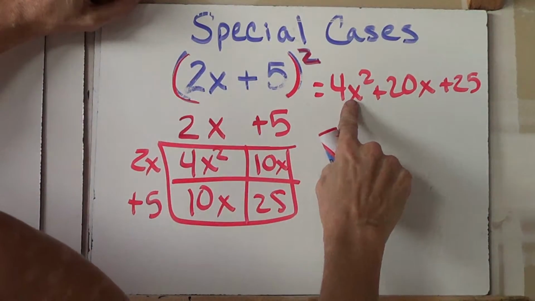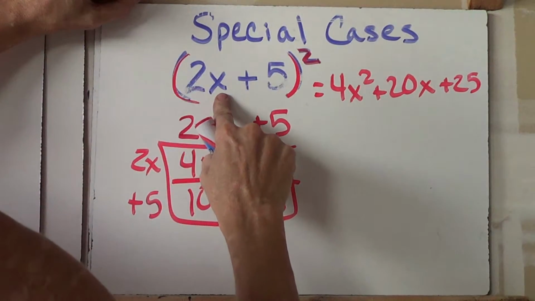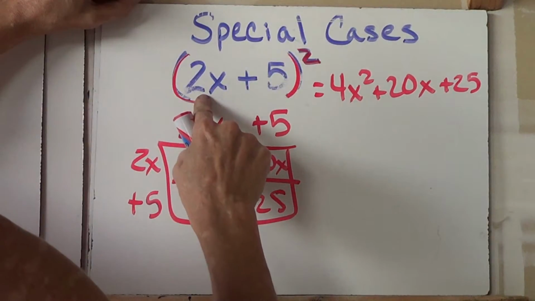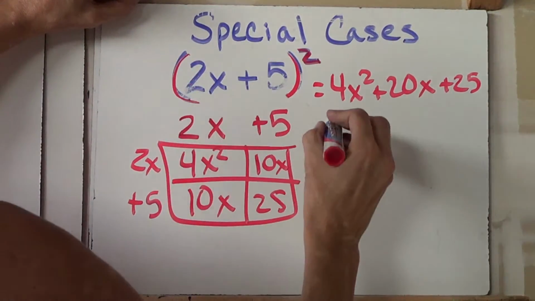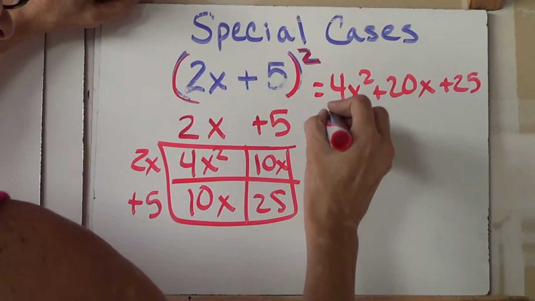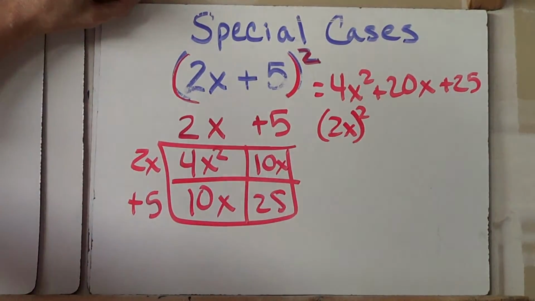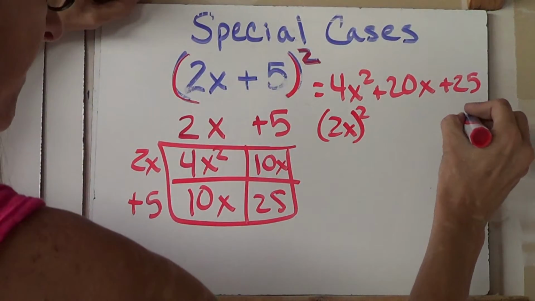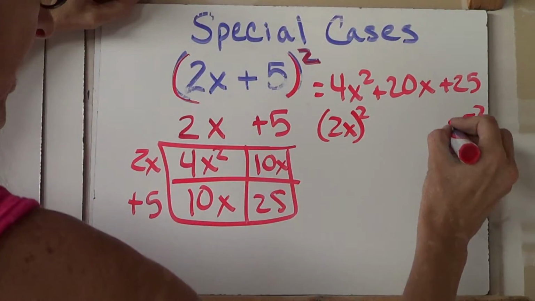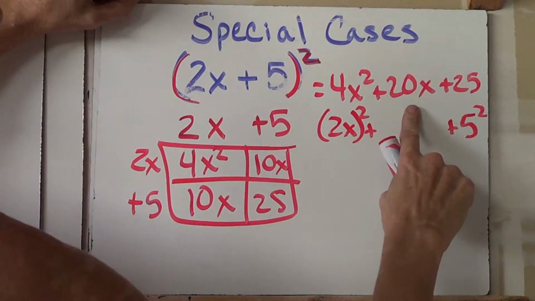Could you have found 4x squared by looking at the 2x and knowing that it was squared? Absolutely. You just square this. 2x squared is 4x squared. 5 squared is 25. So the only tricky part here is how do you find the middle term?